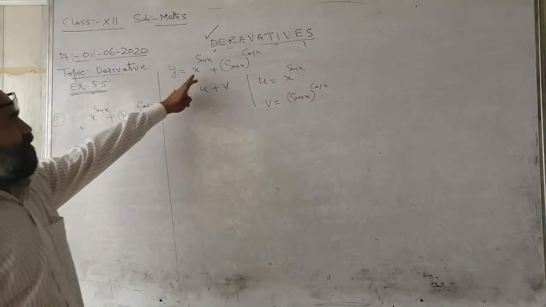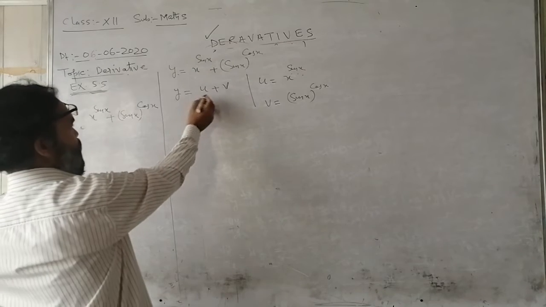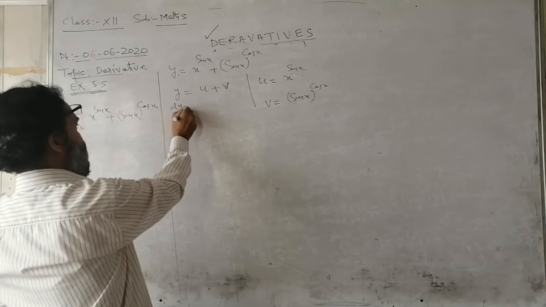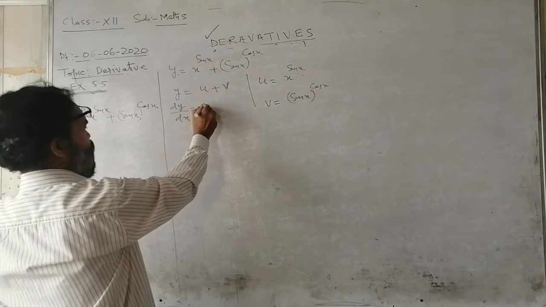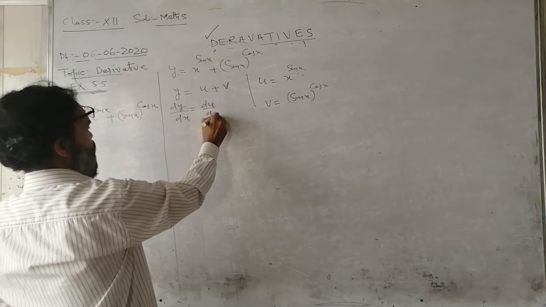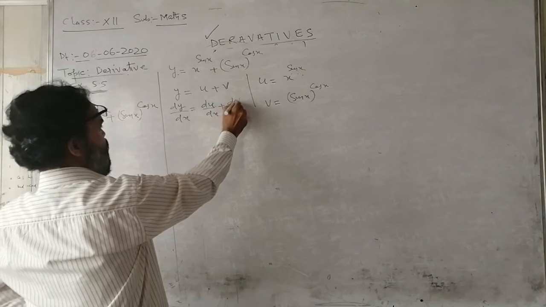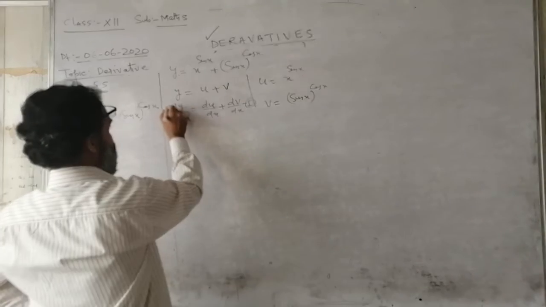I have put these values as u and v. If I differentiate, dy upon dx will be du upon dx plus dv upon dx. So this is the first equation.